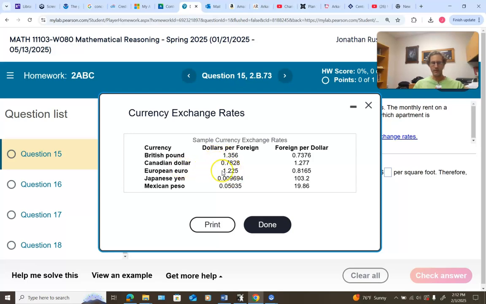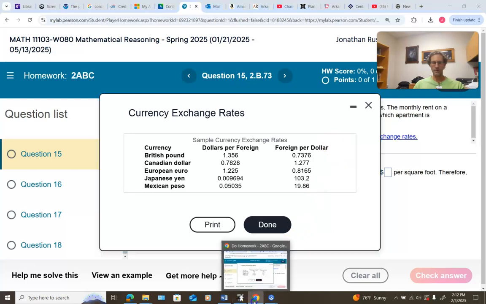So we're looking right here. It's this many dollars per 1 euro. It's like one of these foreign units to this many dollars. So if I'm looking right here, it's going to be 1 euro is equal to 1.225 US dollars.